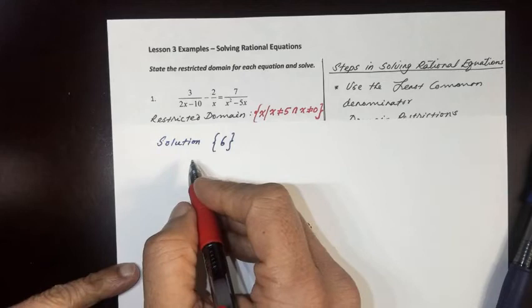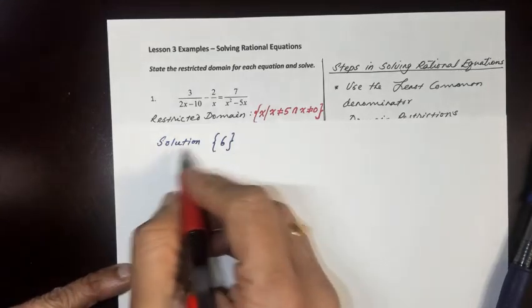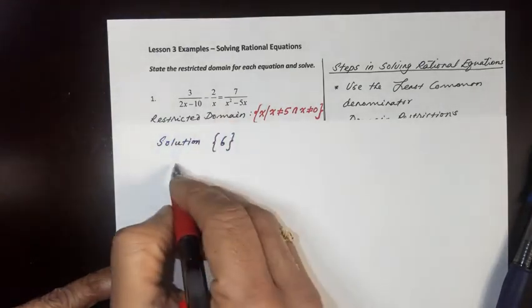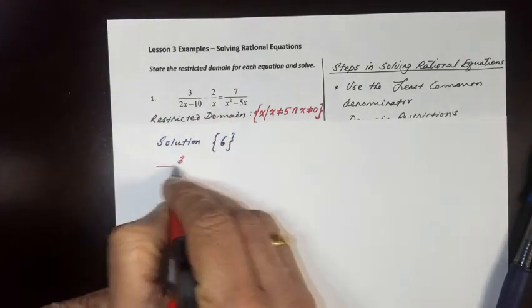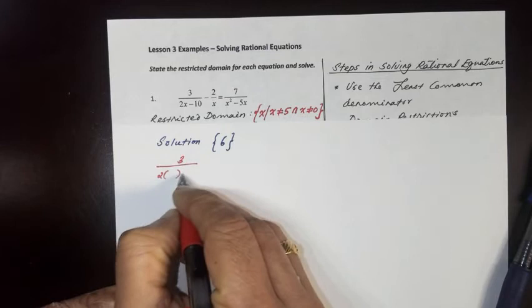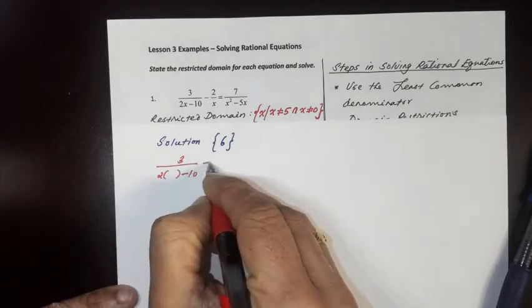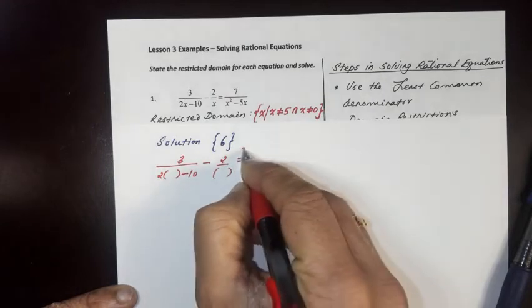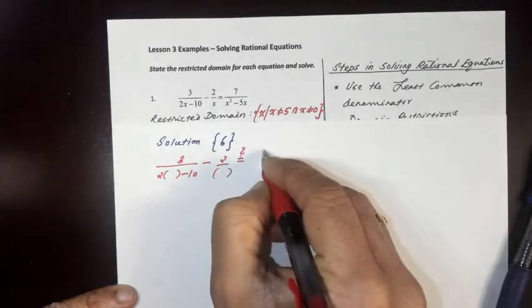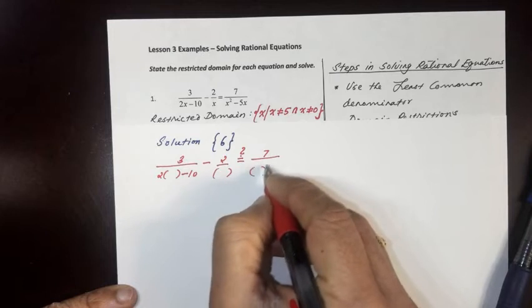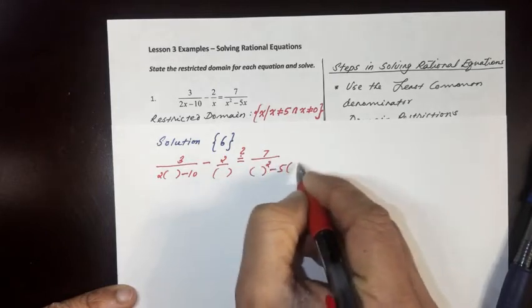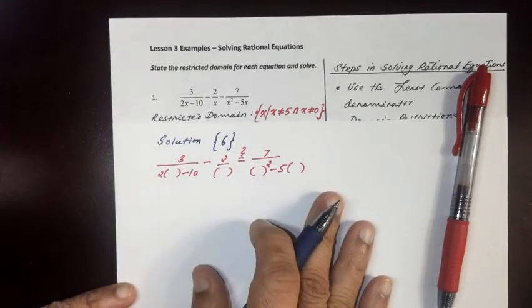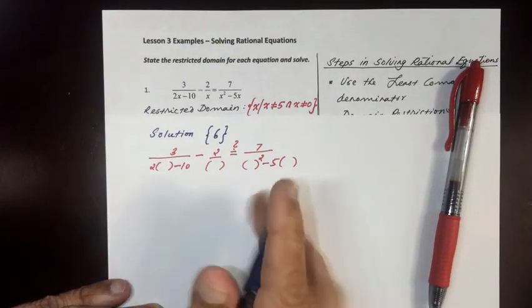Okay, let's quickly check the solution, where we got x equal to 6. Let's plug that back into the original equation. So 3 over 2 times x minus 10 minus 2 over x is supposed to be equal to 7 over x squared minus 5x. Let's replace all the x by the solution that we've got, which is 6.